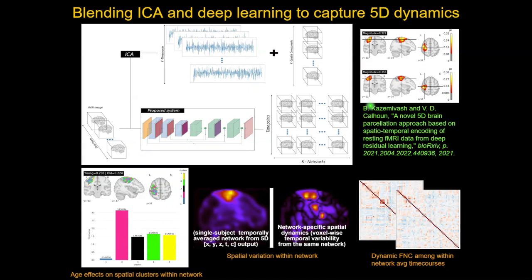So we have a 5-dimensional data set, and then we can take those and reduce them back down into more intuitive summaries, for example, the average within the network. We can look at the relationship of variation over time to things like age.